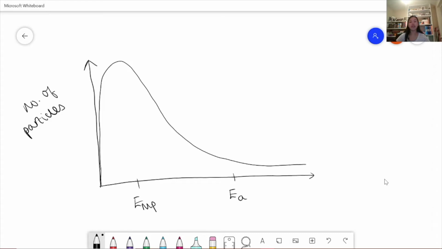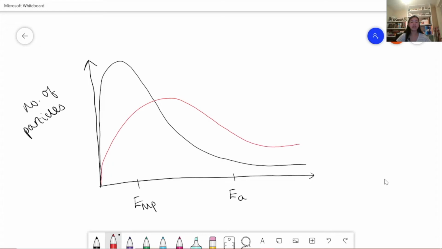Well, if we had a higher temperature, then what would happen would be that the particles get more kinetic energy, so more of them have the activation energy required to react successfully. So then we would have a graph that looked like this.